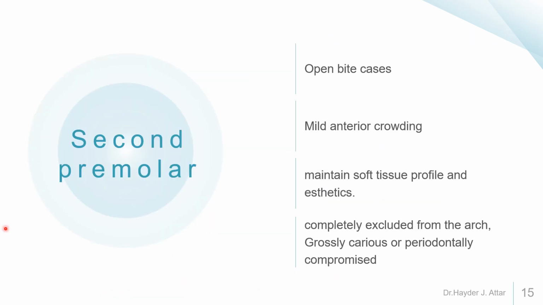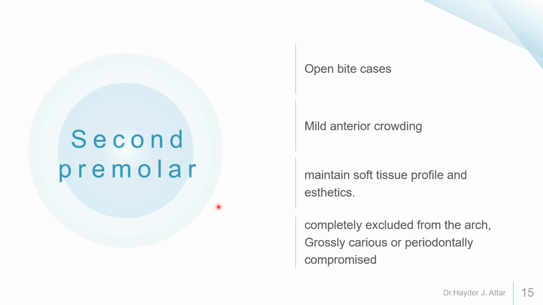The second premolars are indicated in cases of open bite when there is mild anterior crowding, because the extraction of the first premolar in mild anterior crowding may leave a space after the treatment.